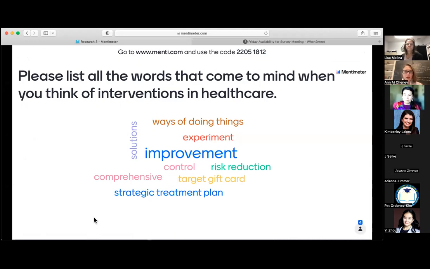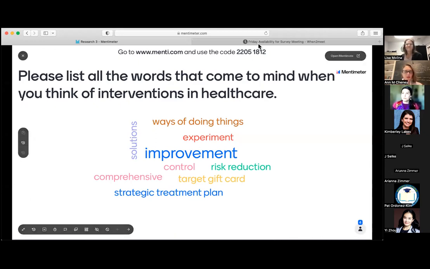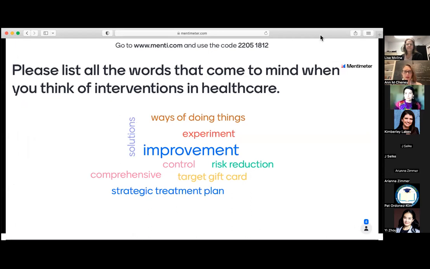So I'll go ahead and start reading. And feel free to add more as things come to your mind. So we have listed here ways of doing things: experiment, improvement, control, risk reduction, target gift card, strategic treatment plan, comprehensive.